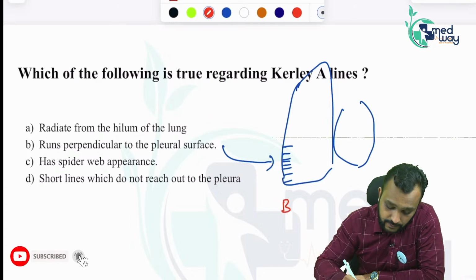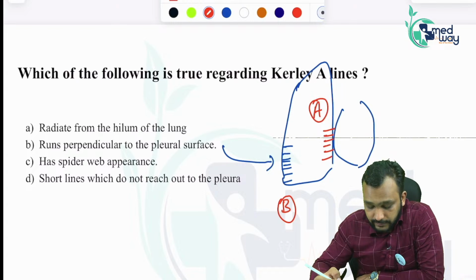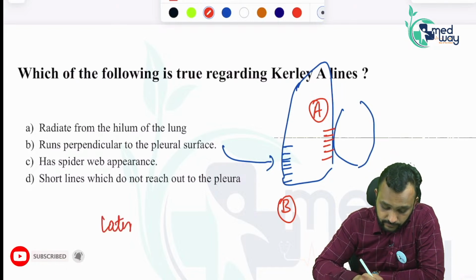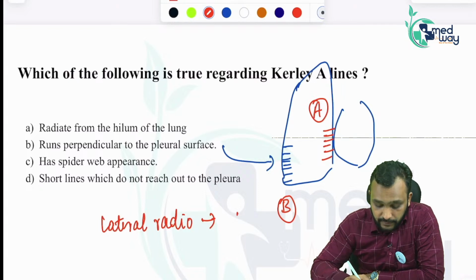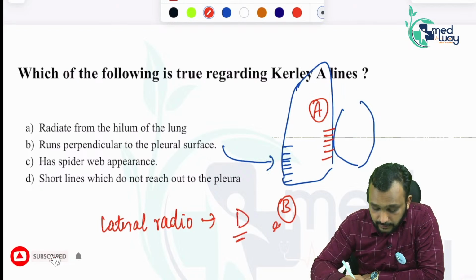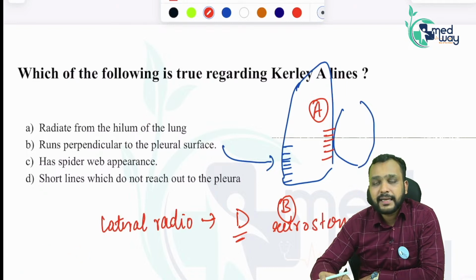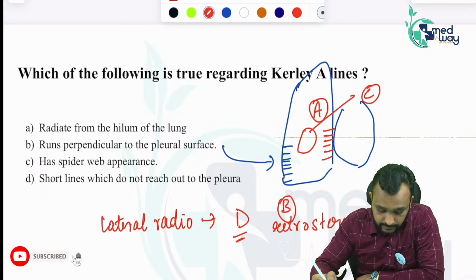If similar lines are seen along the hilum, these are known as Kerley A lines. If I take a lateral radiograph and look at the Kerley B lines, that will be your Kerley D lines seen in the retrosternal area. Besides these, all other lines seen anywhere within the lung are your Kerley C lines.